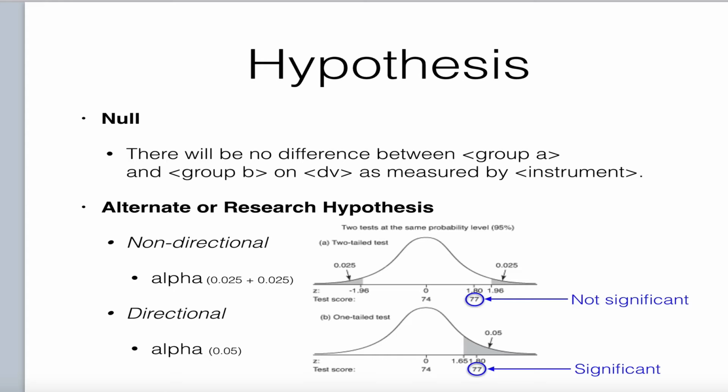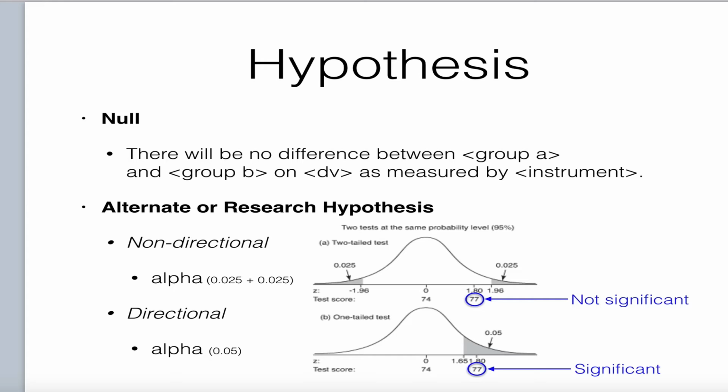There will be no difference among groups A, B, and C on the dependent variable as measured by the instrument, whatever that is. There are two forms of the alternate or research hypothesis, the non-directional type and the directional type.